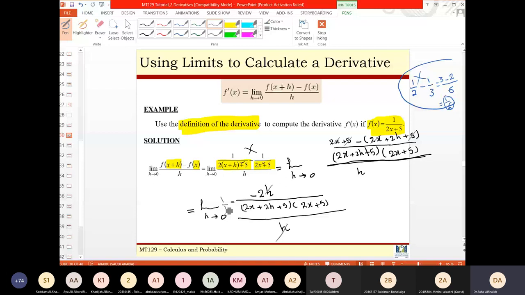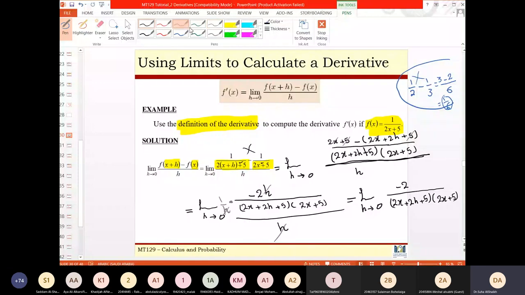So this h cancels this h actually. And we remain with limit when h goes to 0, I have here a minus 2, and there I have 2x plus 2h plus 5. And since we cancelled the h at the bottom, we are ready to substitute h equal to 0.